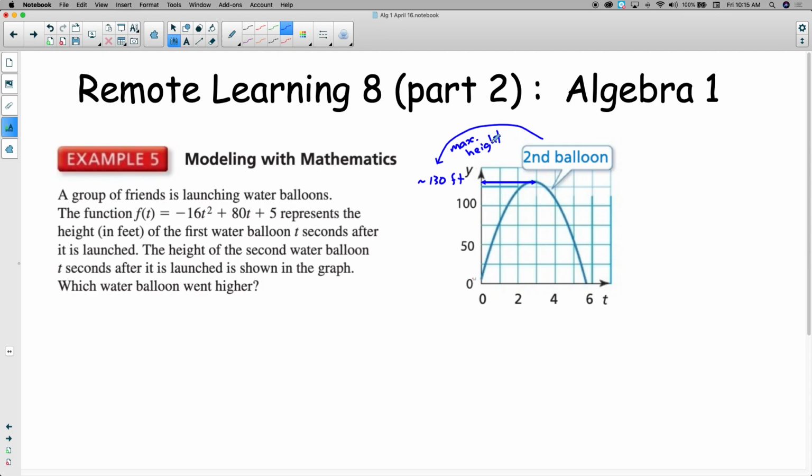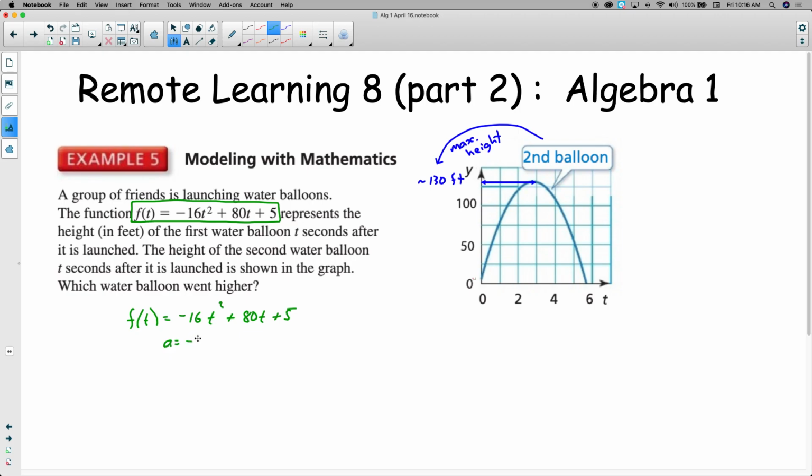So now I'll find the first water balloon's maximum height, and then I'll be able to answer the question, which one went higher? Let me switch colors for the first water balloon. That's this so-called green model over here. I'll write it down below and work on finding its maximum height. f of t equals negative 16t squared plus 80t plus 5.